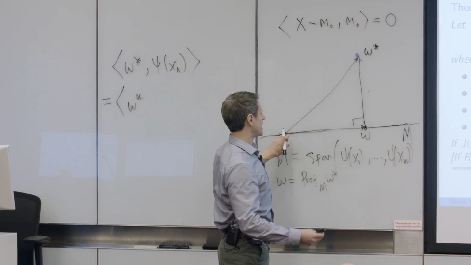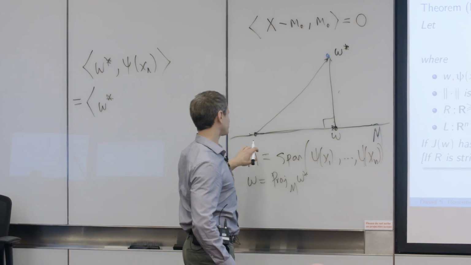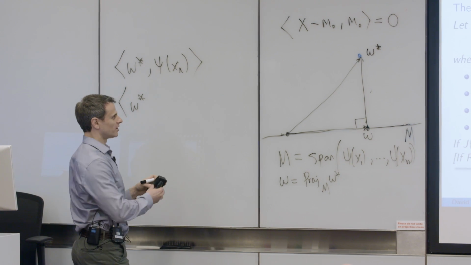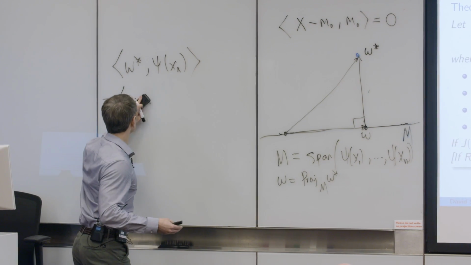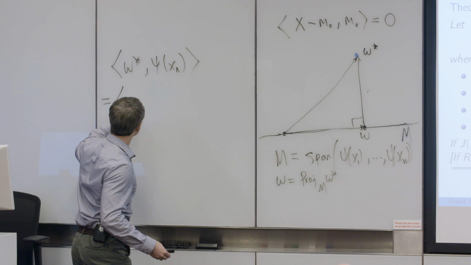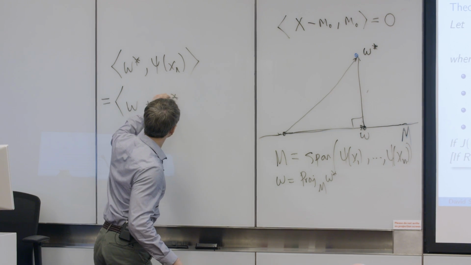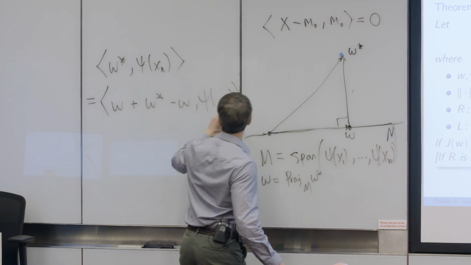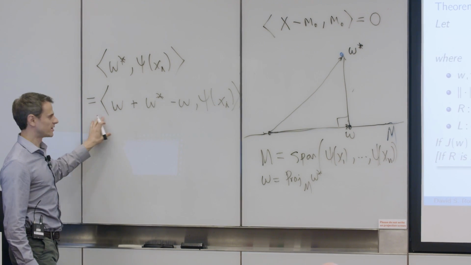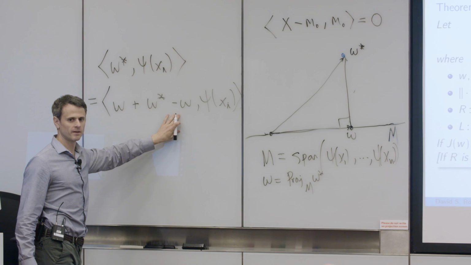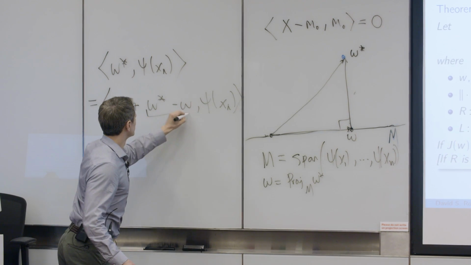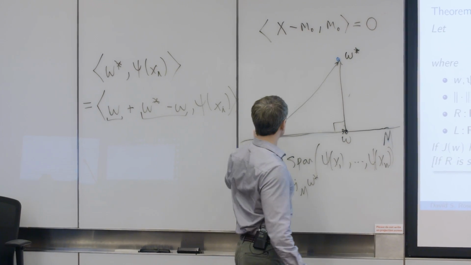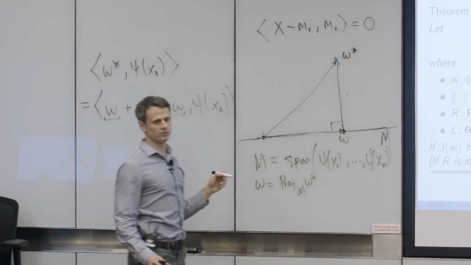Yeah, so let's break it down into the component pieces. We can write W star as W plus W star minus W. This is one of those trivial no-ops, because W and minus W cancel each other out. But then you do the regrouping. So this is W star minus W, and this is W. And what do we know about those two vectors?